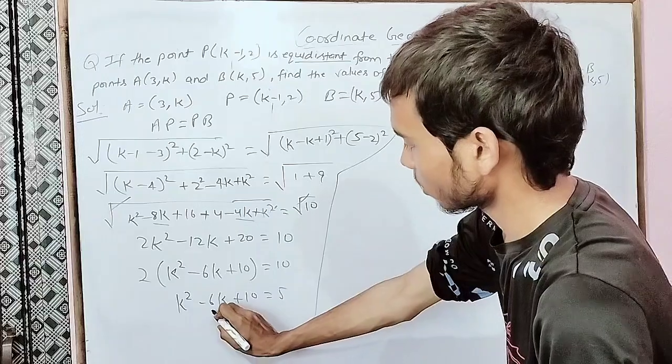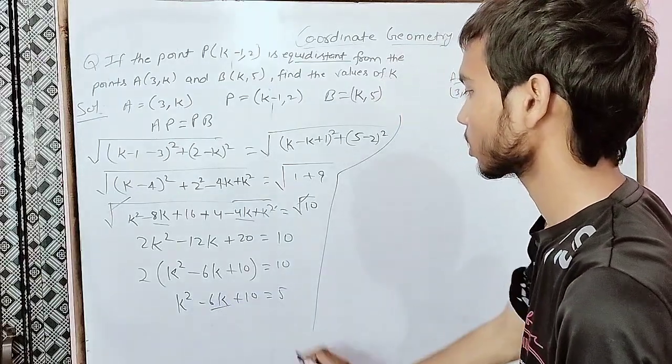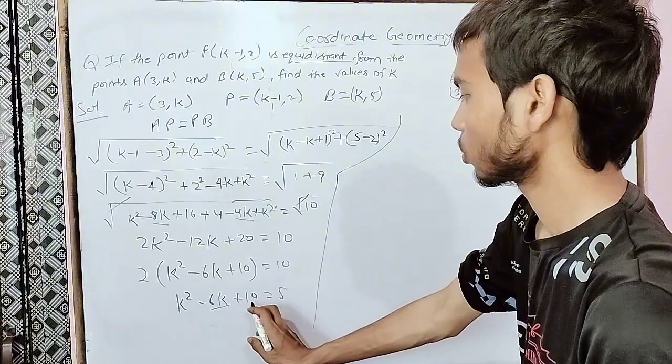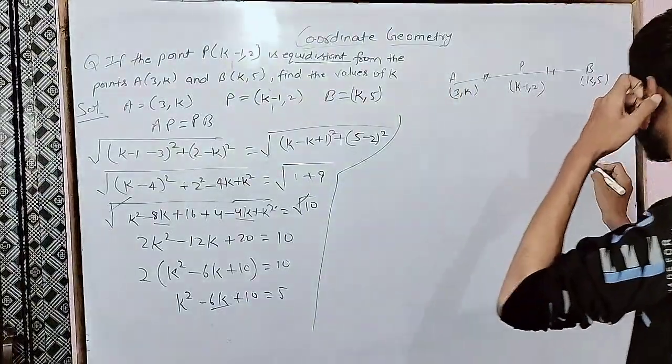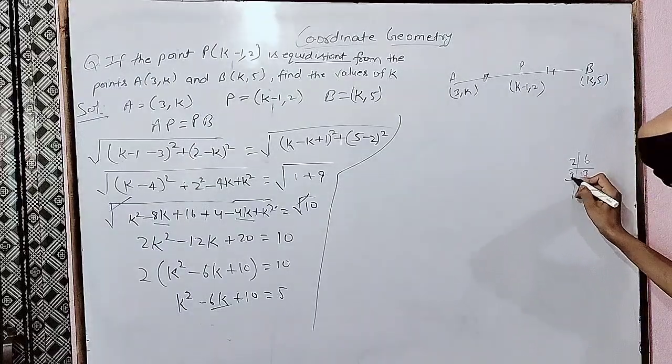Now we will split this 3 to the 6 and here. So we have a 6 2, 3 and 3 1s.